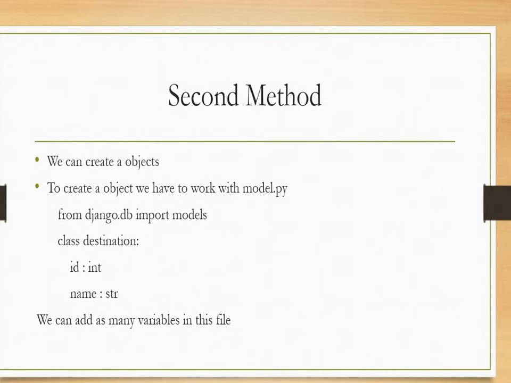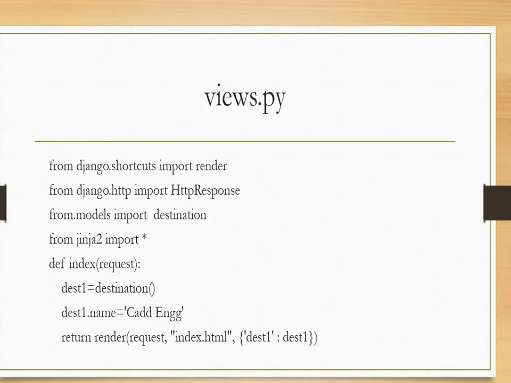At present we have not created an object, we have only worked with the class Destination. Once this is done, you can go to views.py. By default we have imported render from shortcuts, and we have taken HttpResponse. Here I am importing from .models import Destination, which means from models I am importing Destination, right?